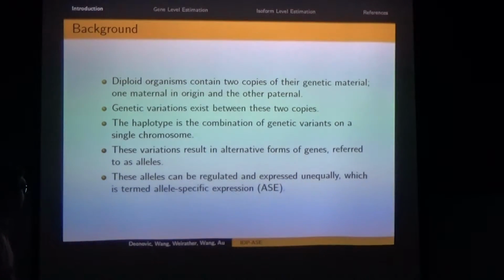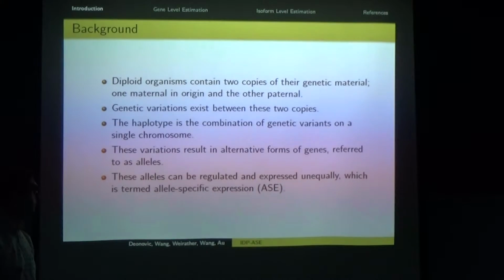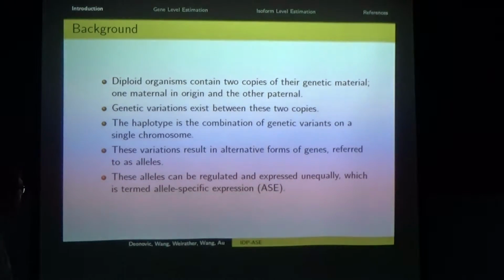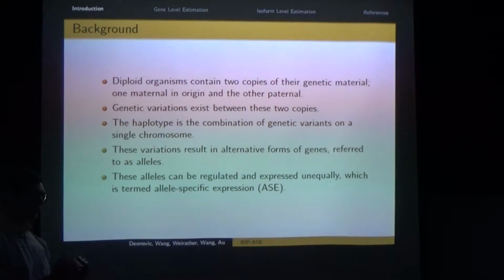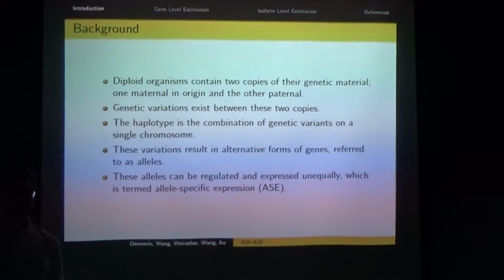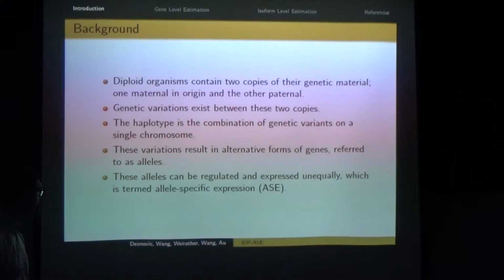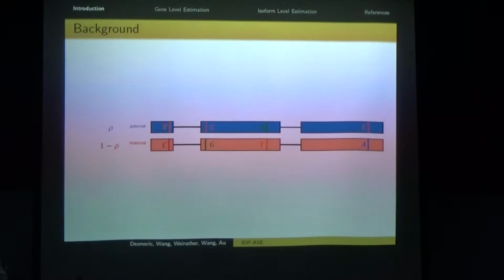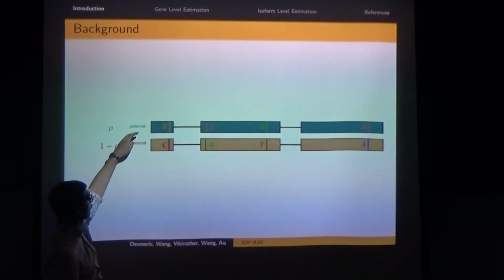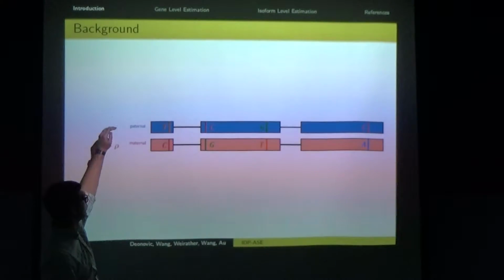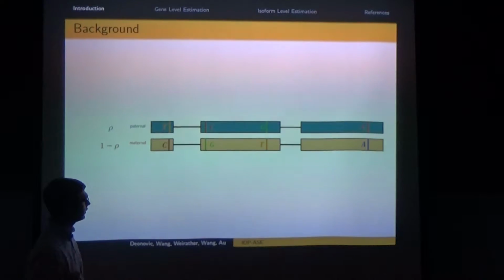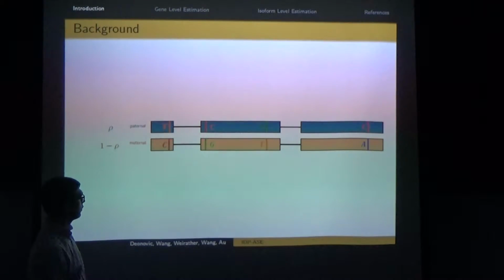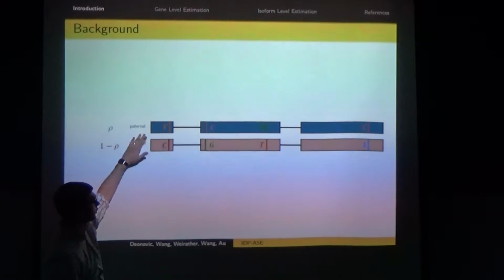So diploid organisms contain two copies of their genetic material, one paternal in origin and one maternal in origin. There exists genetic variation between these two strands. And I have a schematic here. So here we have a simple gene where I've shown these two chromosomes, one paternal in origin, one maternal, and I've identified four loci on this gene where there's variation between these two.